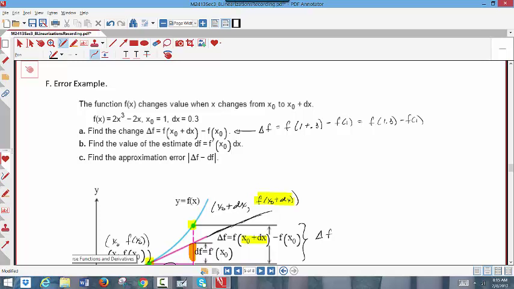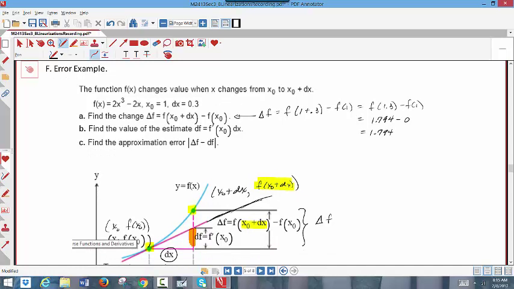And when you plug that into the 2x cubed minus 2x, on the calculator, I've already done this for sake of time, that becomes 1.794 minus 0, so it's 1.794. So that difference in y values, when you move 0.3 units away from the original x value where the tangent line is created, is 1.794.